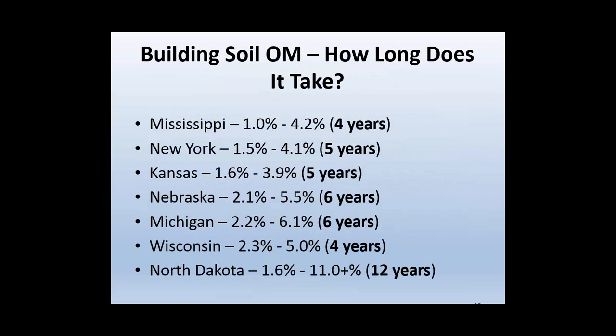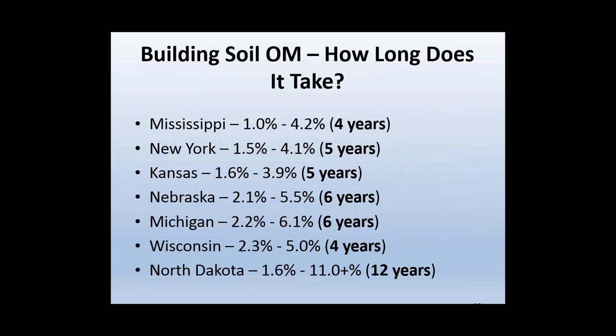But in Mississippi, we have found, in this instance, in 4 years, we were able to build soil organic matter through our livestock grazing practices and principles from 1% to 4.2%. In New York State, we went from 1.5 to 4.1% in 5 years. In Kansas, 1.6 to 3.9, and so on and so forth.